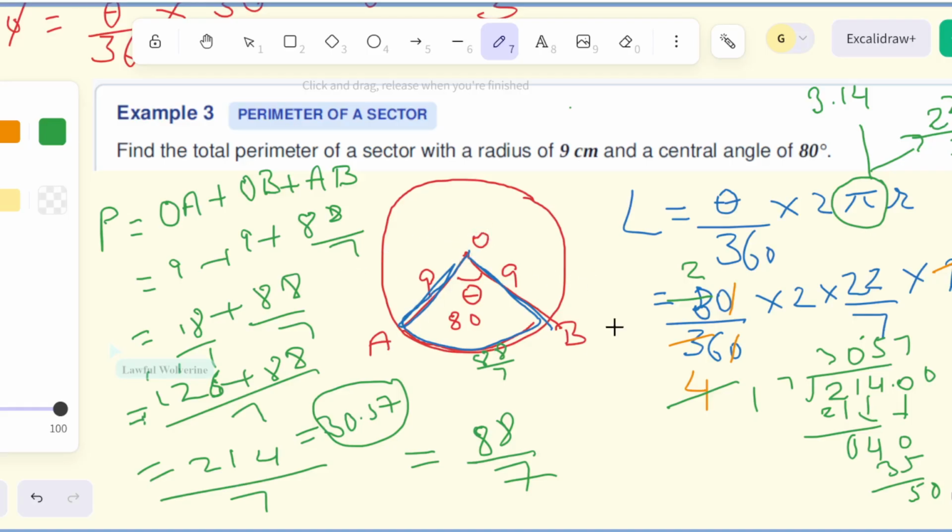Perimeter is nothing but length of the boundary. So we added all of them: OA plus OB plus AB, that's 9 plus 9 plus 88 upon 7. We get 214 upon 7, and when we divided it to get the decimals, it's 30.57. Makes sense, right? This is how we find the perimeter of a sector.